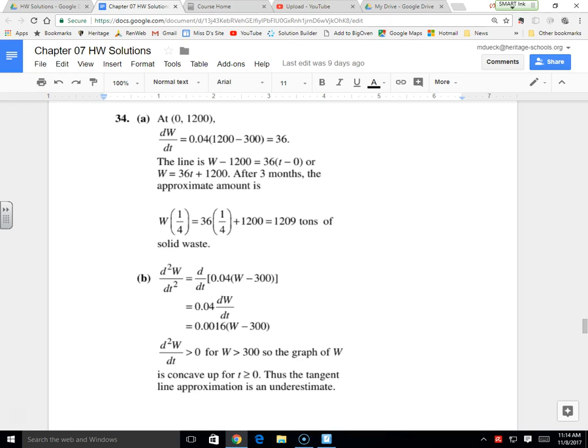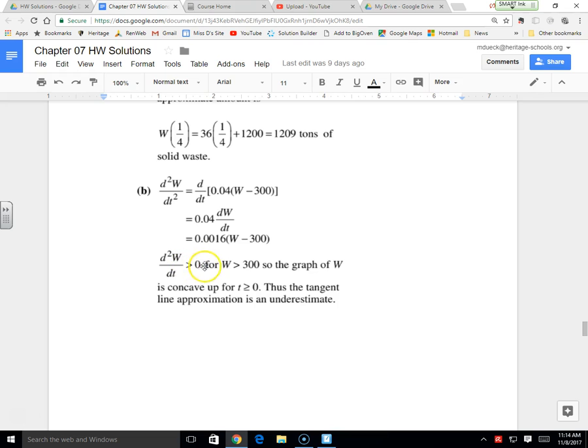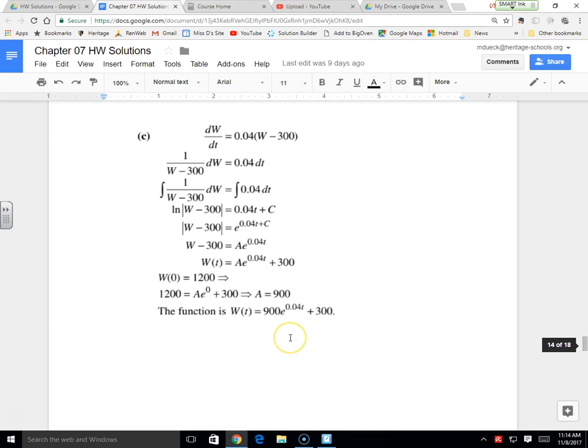If the second derivative is positive, every tangent line will be under. Why did they plug in 1/4? They said 3 months. It was measured in years. You gotta watch out for those units. Since the second derivative was positive, the linear approximation will be an underestimate.